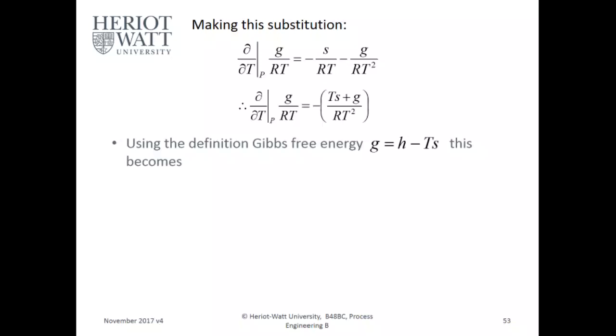Using the definition of Gibbs free energy, where G equals H minus TS, this becomes the derivative with respect to T at constant pressure of G over RT equals negative H over RT squared, which in turn becomes d(G_i/RT)/dT equals negative H_i over RT squared.